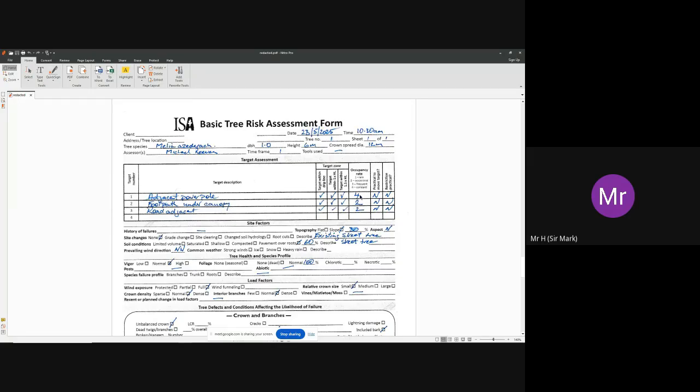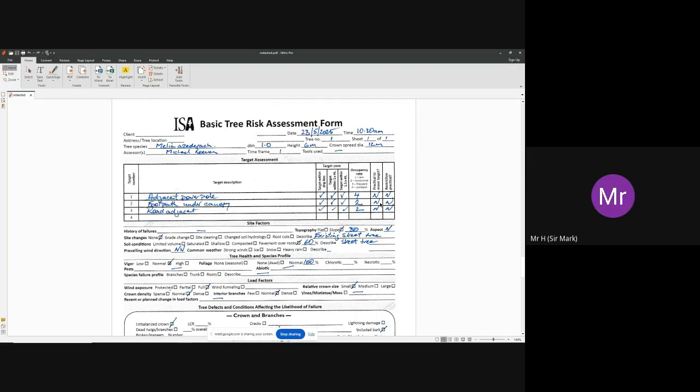Then the occupancy rate. Okay, well, the pole's there all the time, and I'm still confused about the pole. I'm not sure that he was thinking when he selected that as a target. I think he was looking for some reason to support the removal of the tree. That's what it reads like to me. Then you've got occupancy rate for the other two, the footpath occasional and the road adjacent occasional, and I'd agree with that.